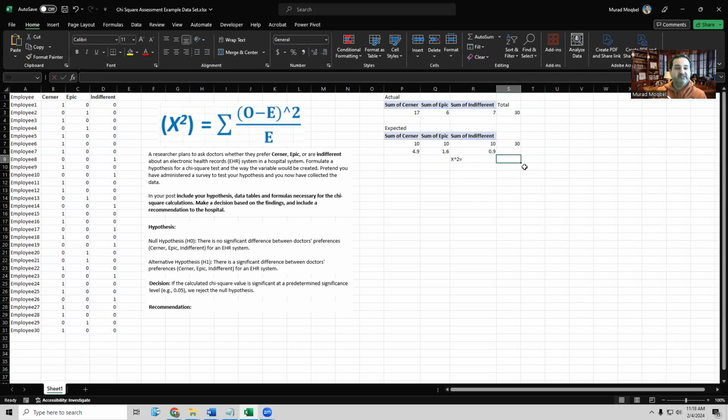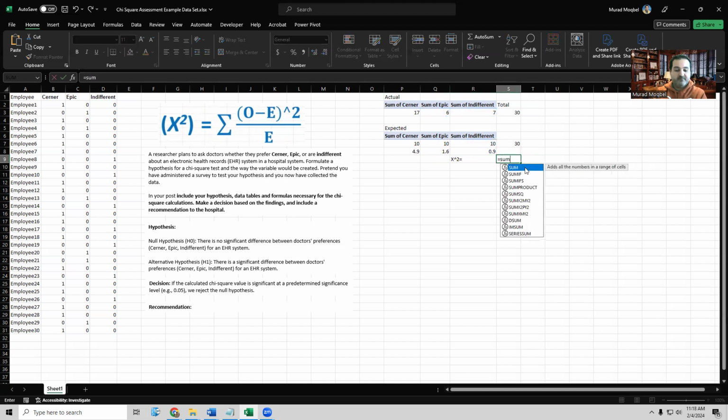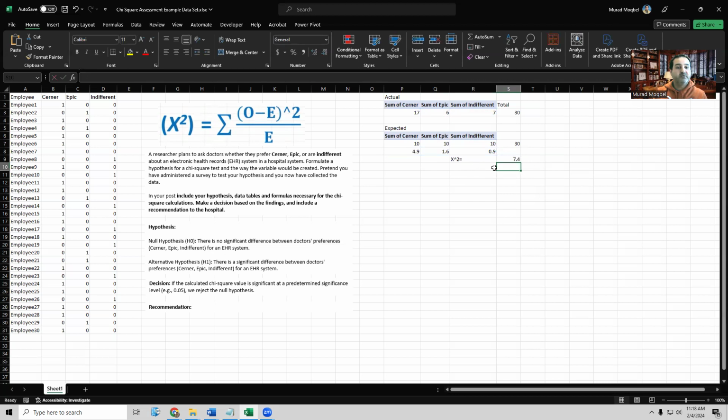The chi-square is basically going to be the sum of those, so this will be our chi-square.